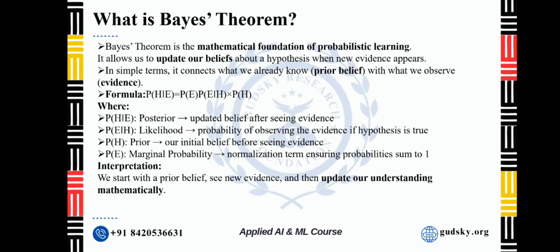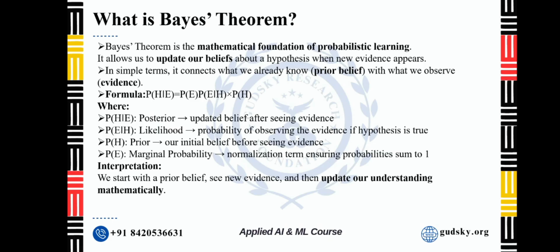Think of it this way: before seeing any data you already have some prior belief, like I think it might rain today, but then you see dark clouds, that's new evidence. So you revise your belief: now I am more confident that it will rain. Mathematically, Bayes theorem does exactly that. It connects what we already know with what we just observed to compute an updated probability.